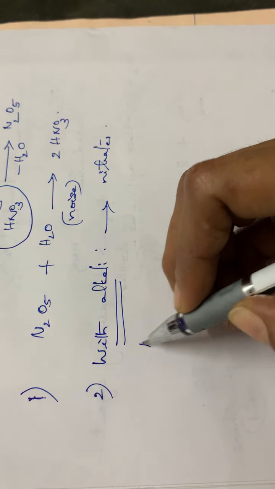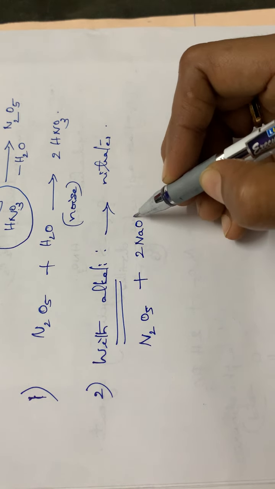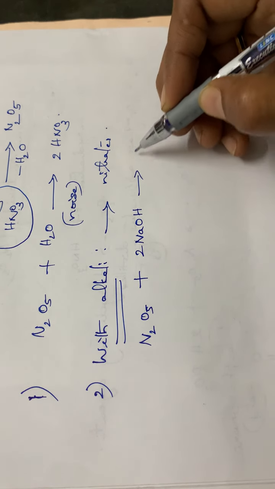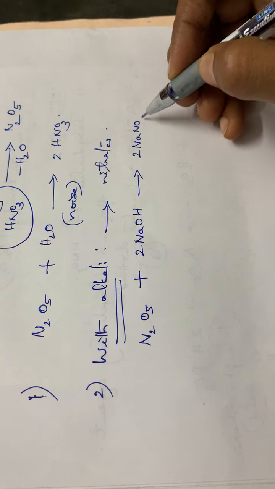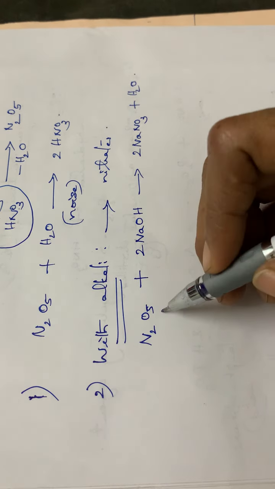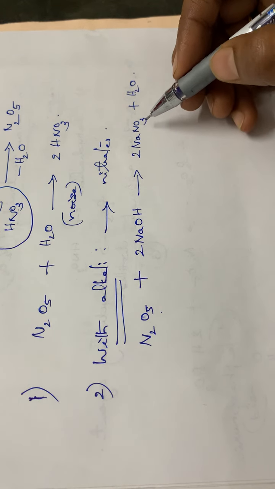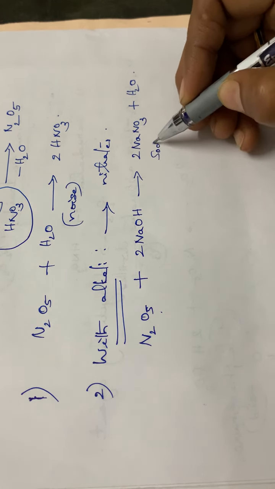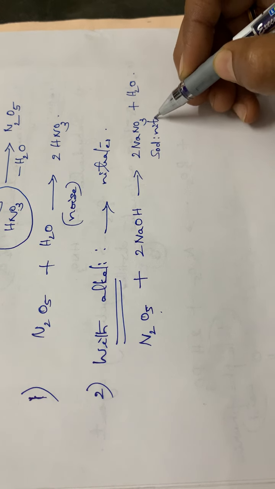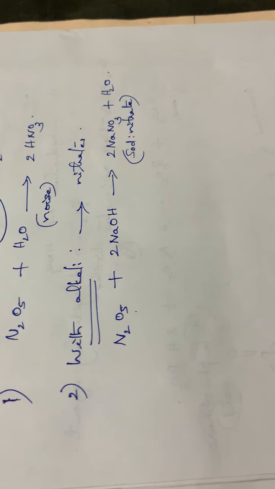Let us write down the reaction: N2O5 plus 2 molecules of NaOH giving 2NaNO3 plus H2O. NaNO3 is sodium nitrate.